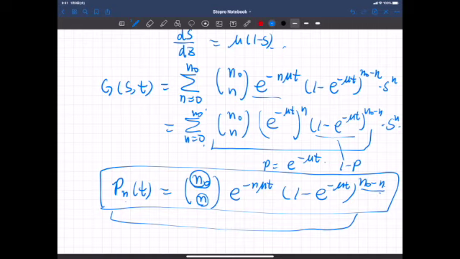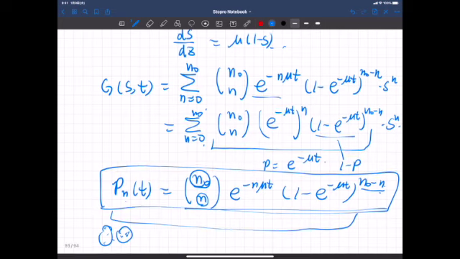So it's like if there are n0 individuals, some are still alive, some are dead. So we can separate n0 individuals into live individuals and dead individuals. So this choice is like a binomial distribution.